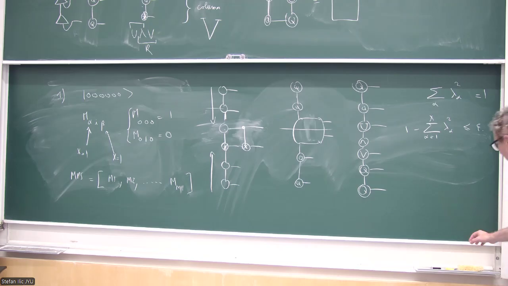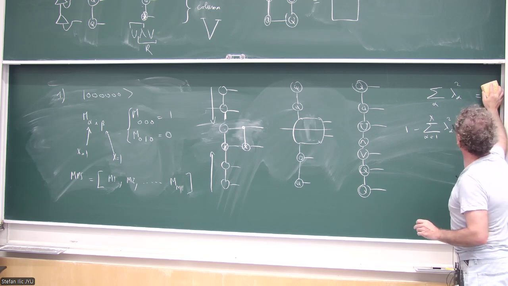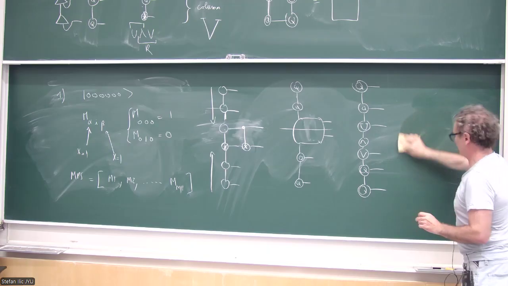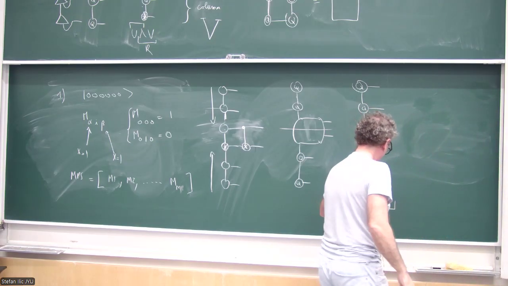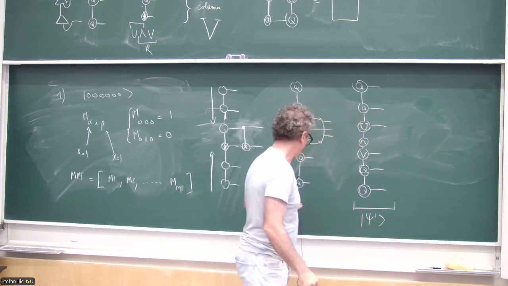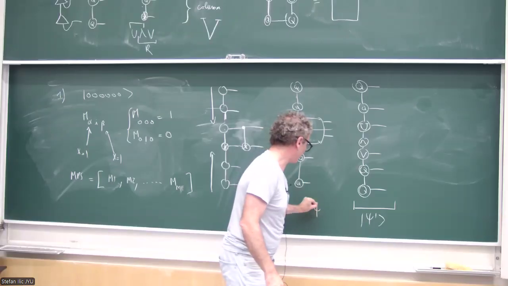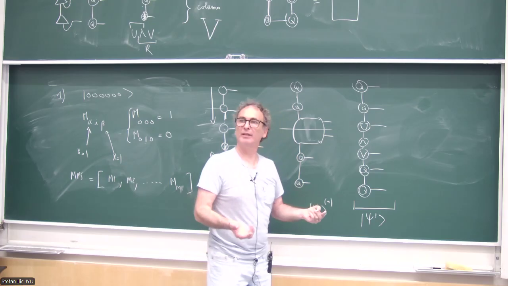And the good thing is that this is my exact state that I want. Let me call it psi prime. So let's say I started from psi n. I did my gate.